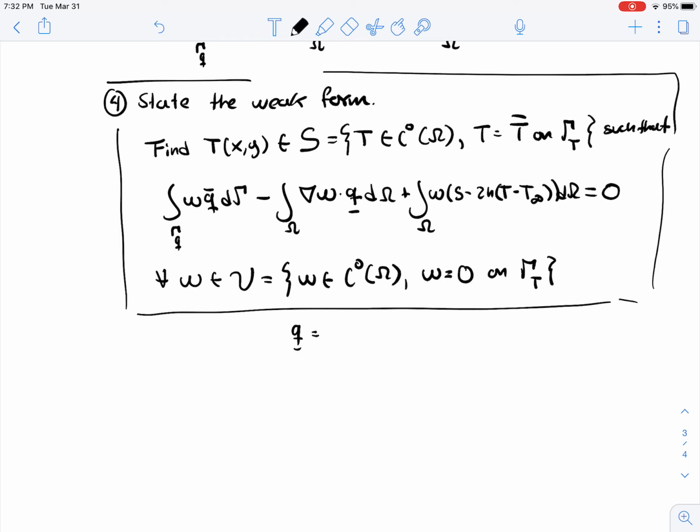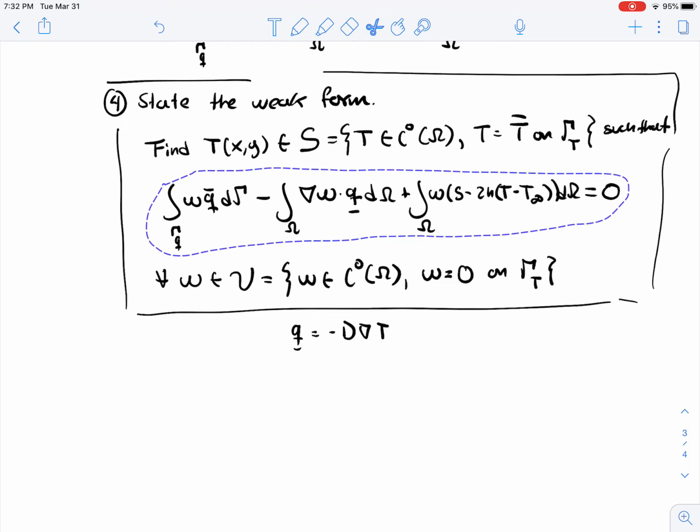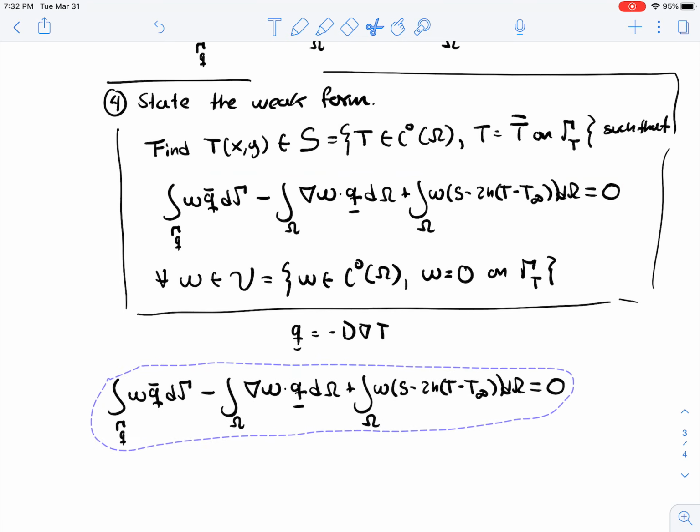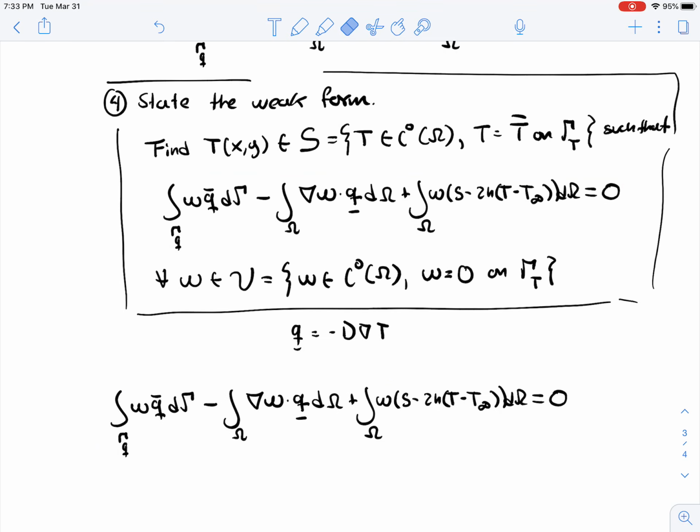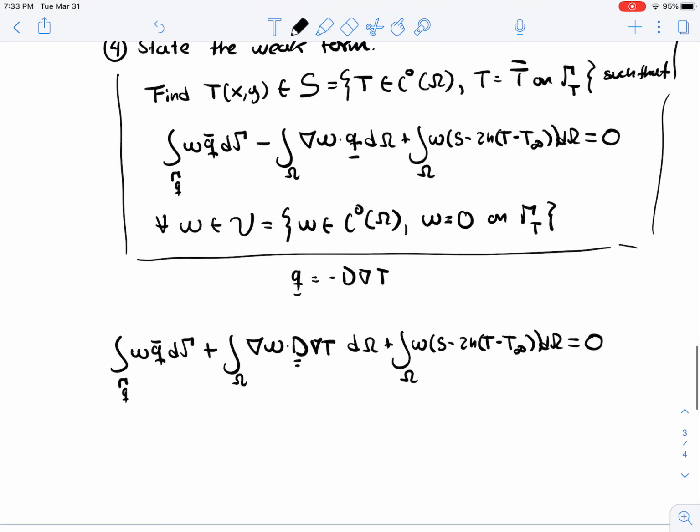So technically you would have to say somewhere that q equals minus D gradient of T, or directly substitute that here, so that instead of having this term right here, you would have this term, D times gradient of T. And then this will turn into a plus sign. So that's one thing.